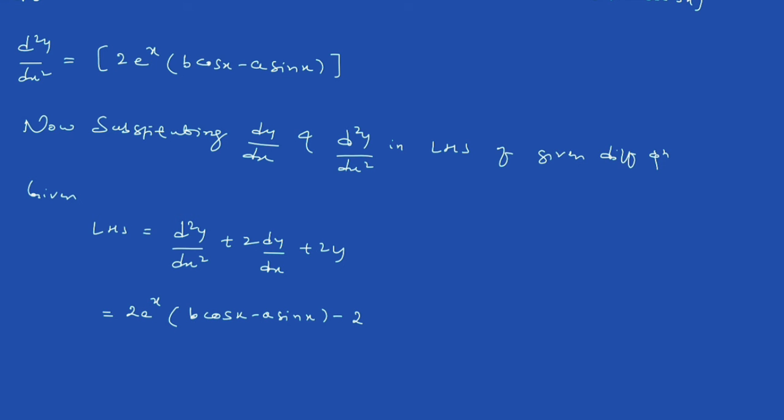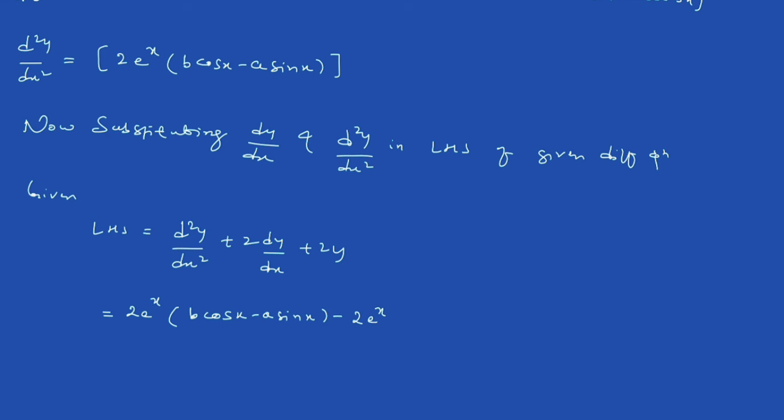If we take e to the power of x common, it is actually plus, right? Let's see, 2 dy by dx is nothing but here e to the power of x.